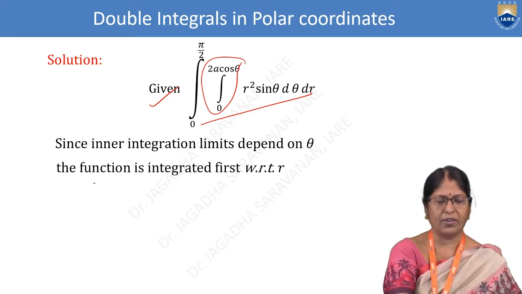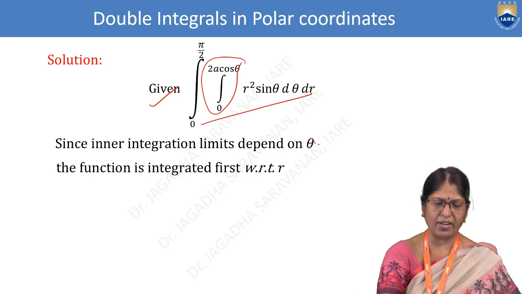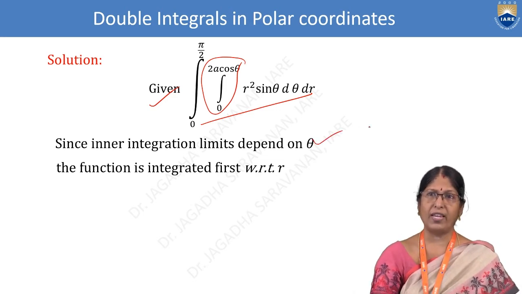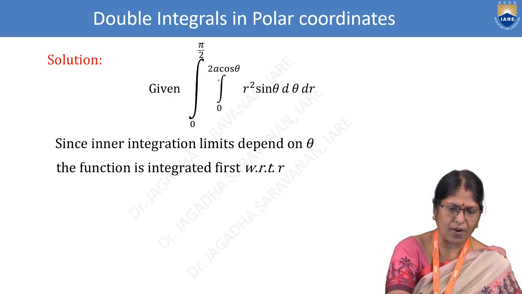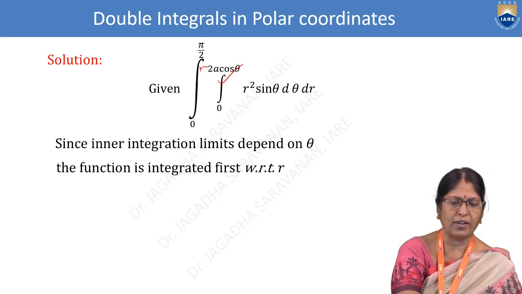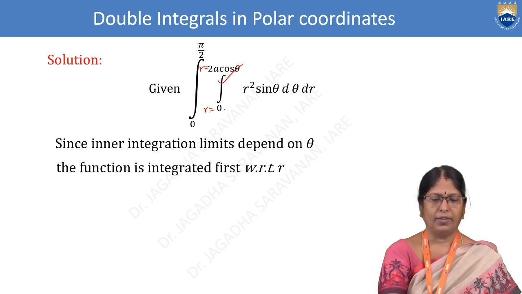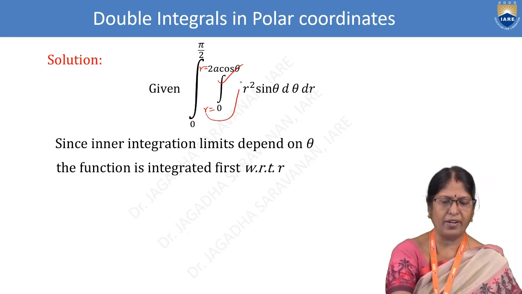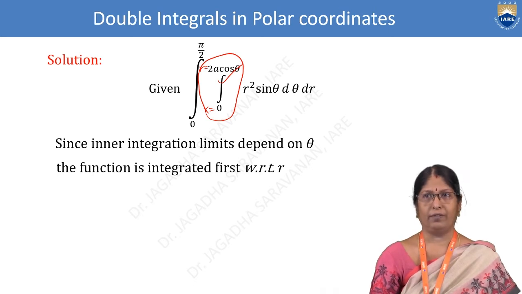Since the integration limits depend on theta, the function is integrated with respect to r, as given here. If it is a function of theta, then we can write r equal to, and then it should be integrated with respect to dr.